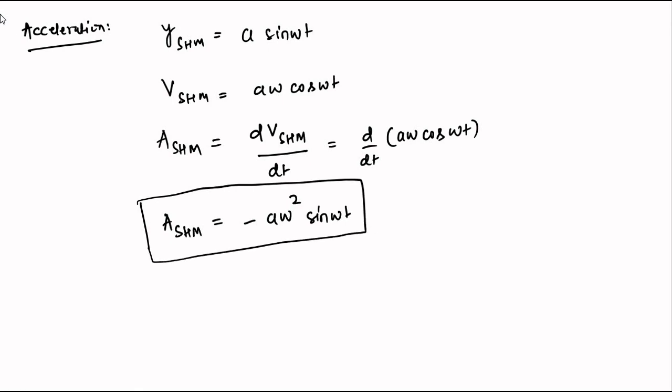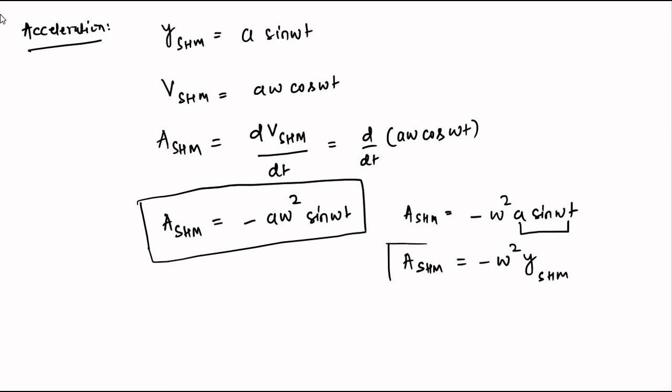Now the general equation of SHM is a sin omega t. So we can write a SHM is equal to minus omega square a sin omega t, or minus omega square y SHM. So the acceleration of simple harmonic motion is of this form.